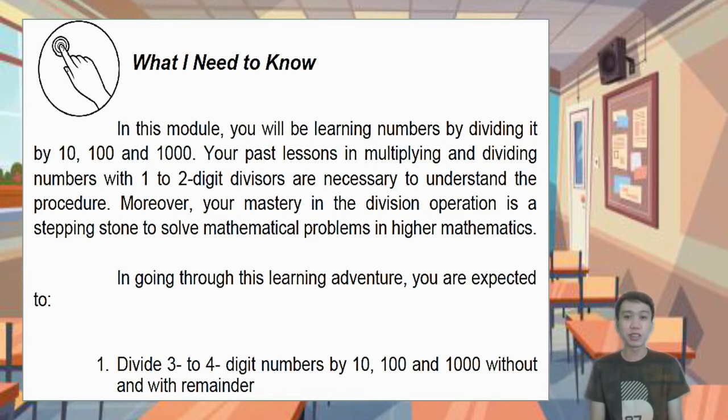Your past lessons in multiplying and dividing numbers with 1 to 2 digit divisors are necessary to understand the procedure. Moreover, your mastery in the division operation is a stepping stone to solve mathematical problems in higher mathematics. In going through this learning adventure, you are expected to divide 3 to 4 digit numbers by 10, 100, and 1,000 without and with remainder.